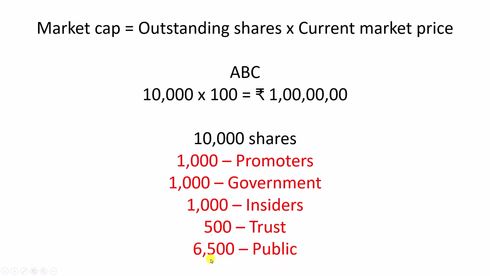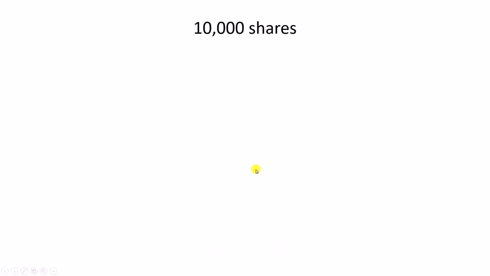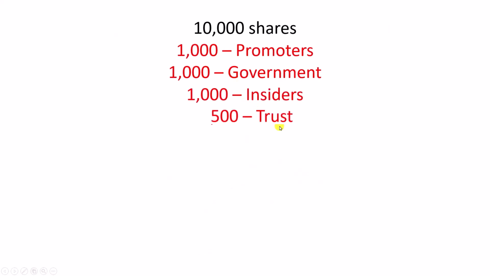So only this will be taken into consideration, leaving all these apart. Let us see that. Out of 10,000 shares, this is the split. Now we are taking only this into consideration to calculate free float market capitalization.